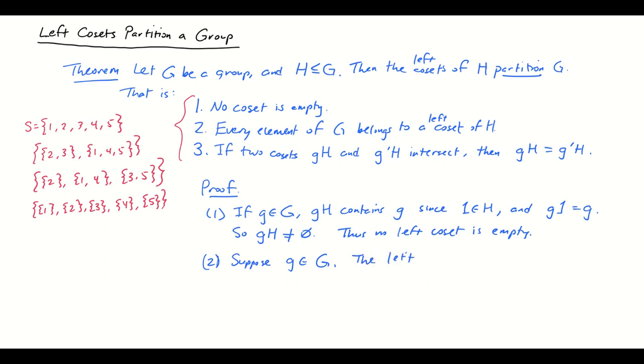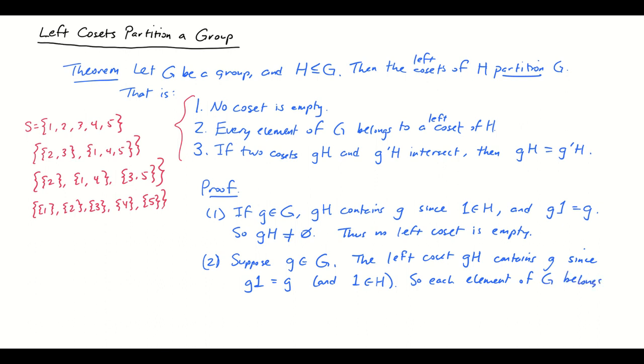The left coset, gH, contains g, since, again, g times the identity is g, and the identity belongs to H. All right, so each element of G belongs to a left coset.